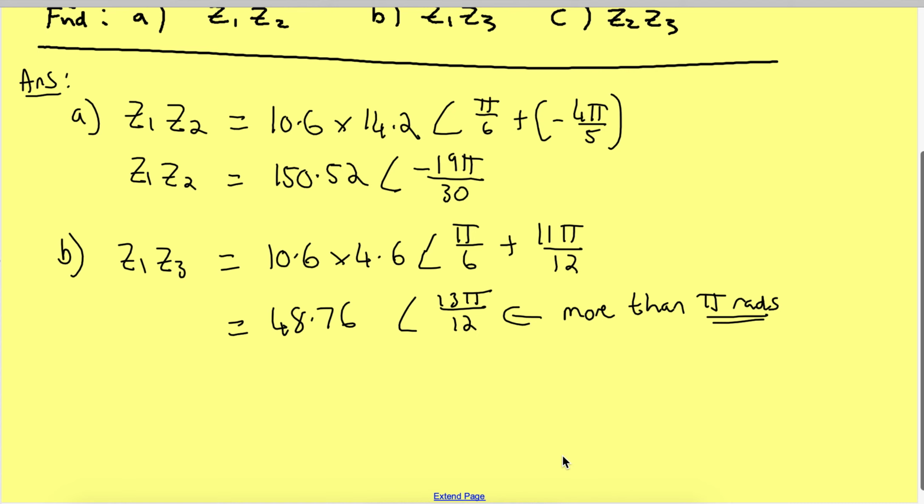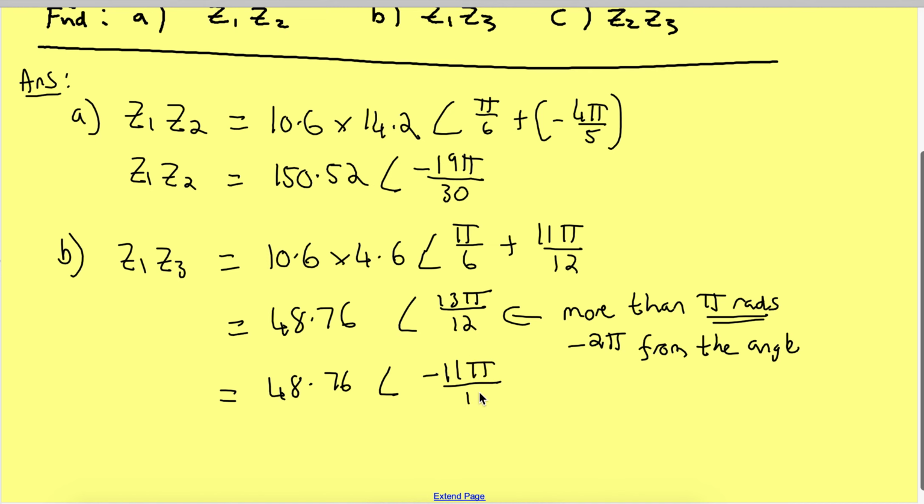So that means you've got to take away 2 pi from the angle. Okay, so we've got 48.76 at an angle of negative 11 pi by 12. Okay. Now Z2 multiplied by Z3 is exactly what you would expect.